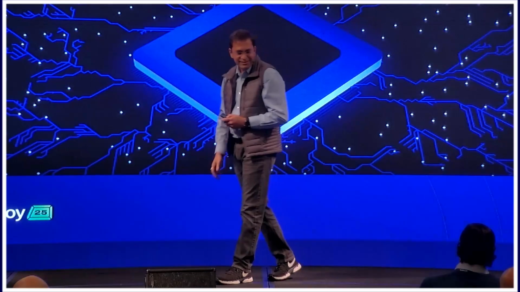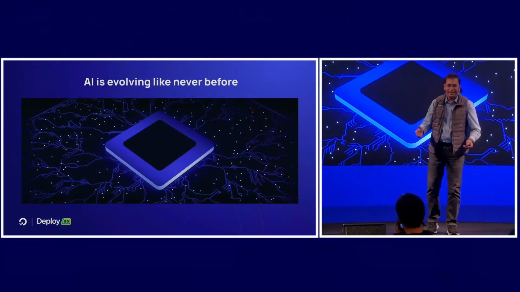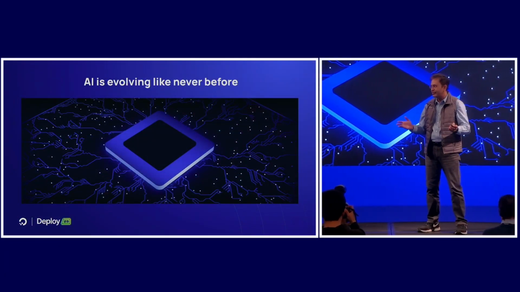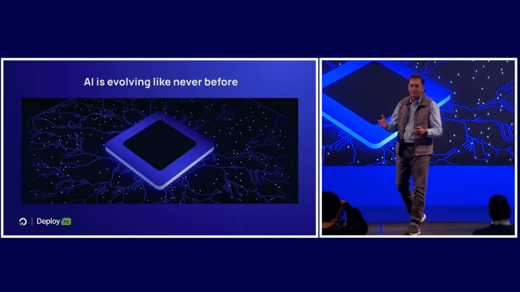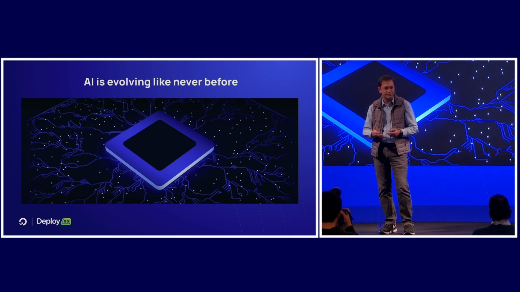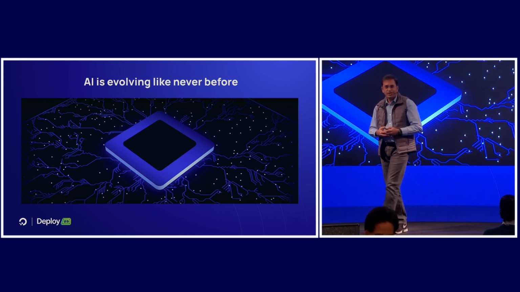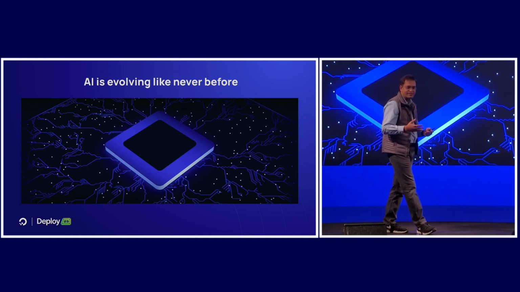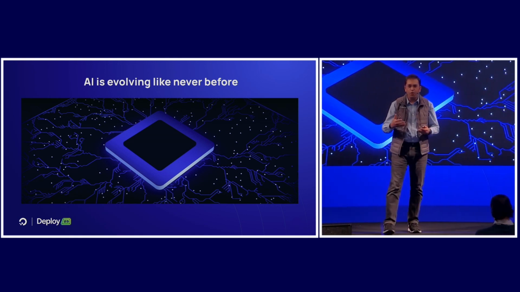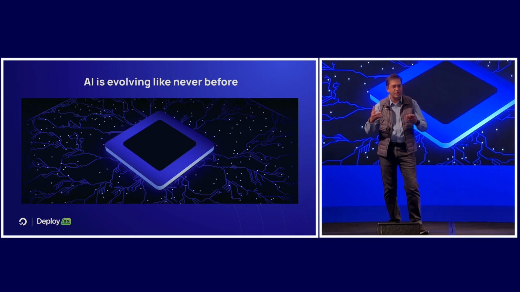So with that, let's go look into what's going on in the AI world. AI is evolving at a very rapid pace in terms of customer adoption, in terms of all the models that so many companies are creating and adopting, and third, also the hardware technology. Our customers are coming to us, and whether they are AI first, which means AI is how they do business, or they are looking to leverage AI to improve their business, it's part of their workflow.